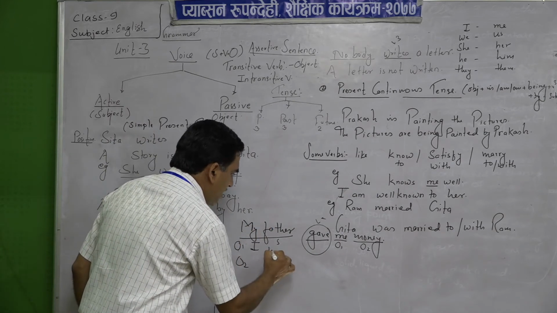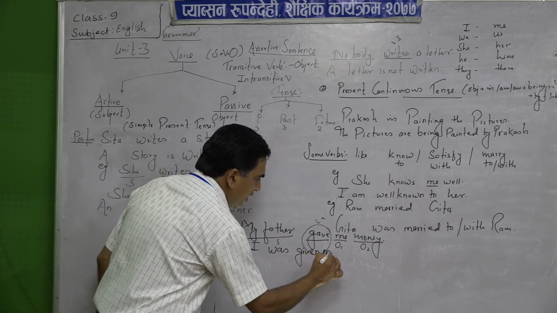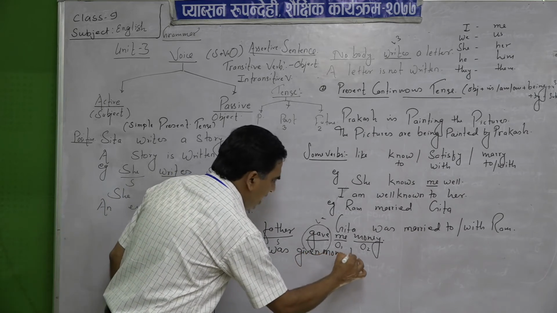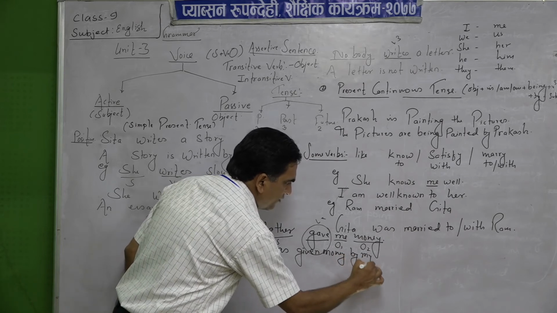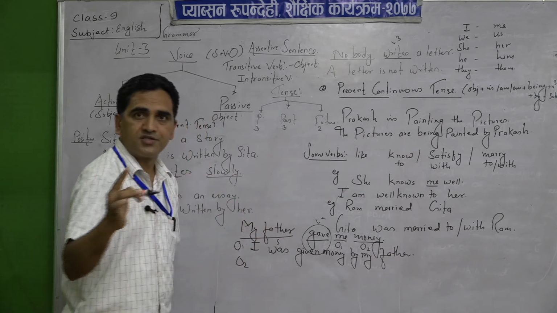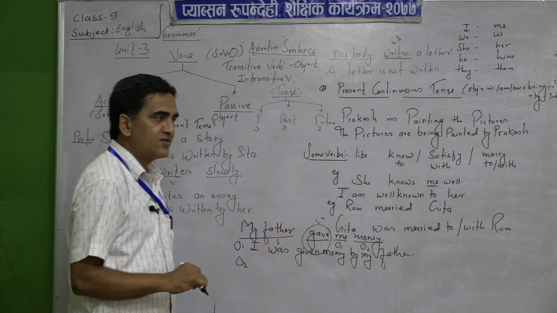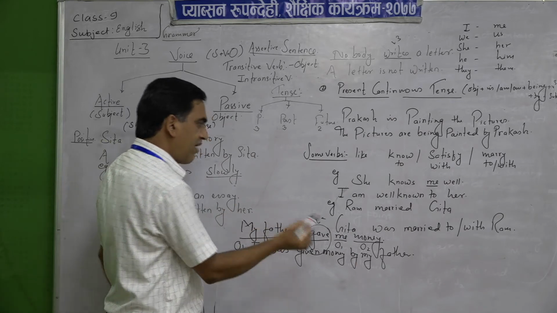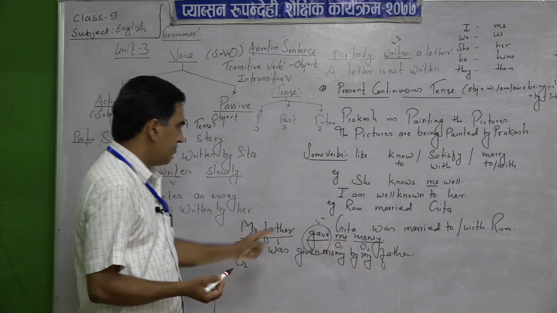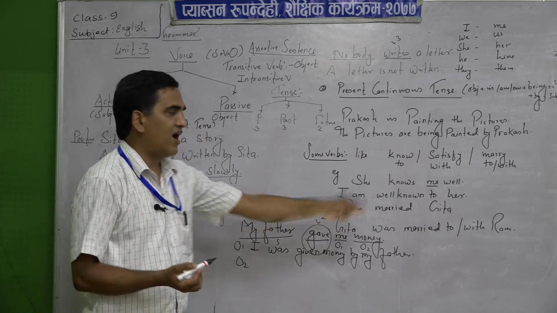It is past tense: I was given money by my father. That is according to the first object. And second, you can write: money was given to me by my father.